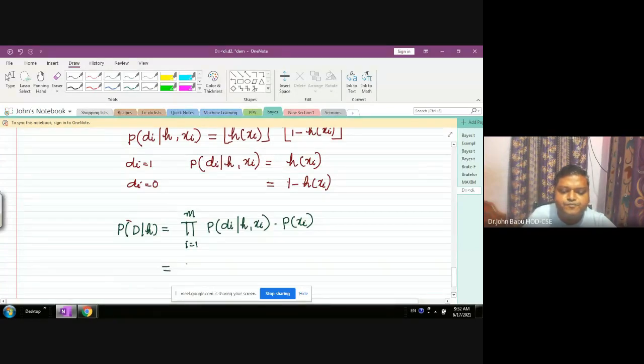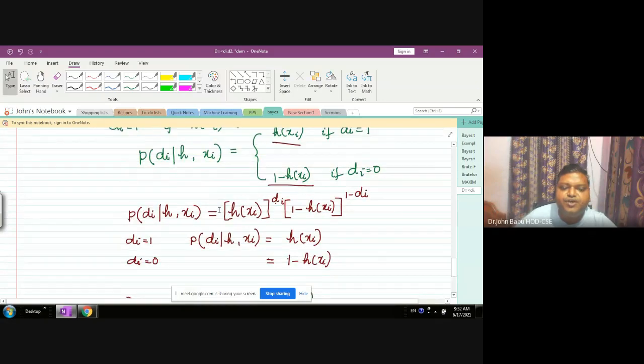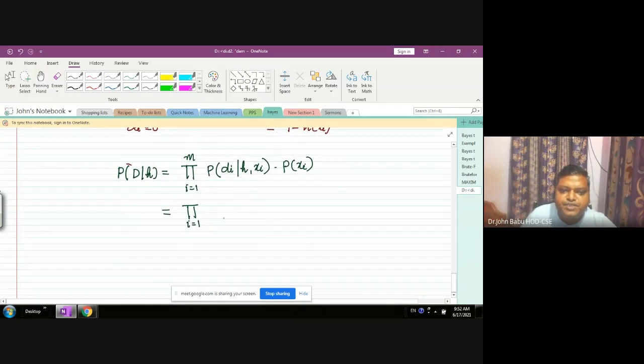Now we are substituting the above. This probability of di given h, xi is h of xi to the power of di into 1 minus h of xi to the power of 1 minus di into p of xi.